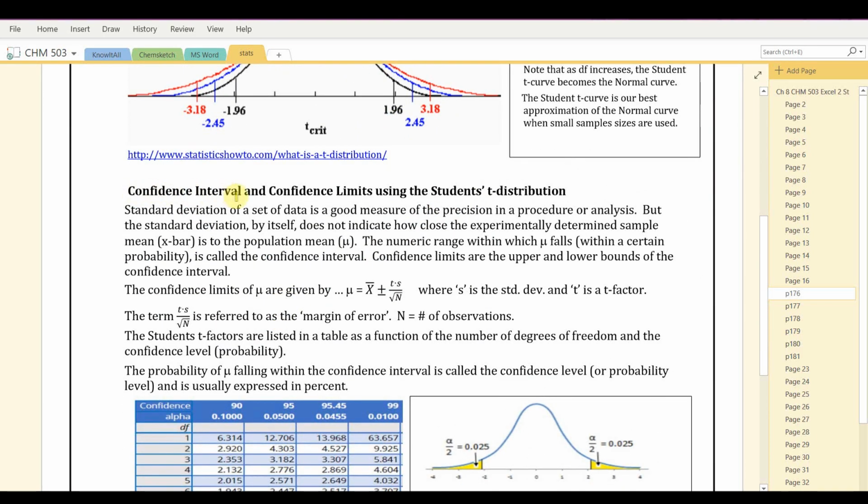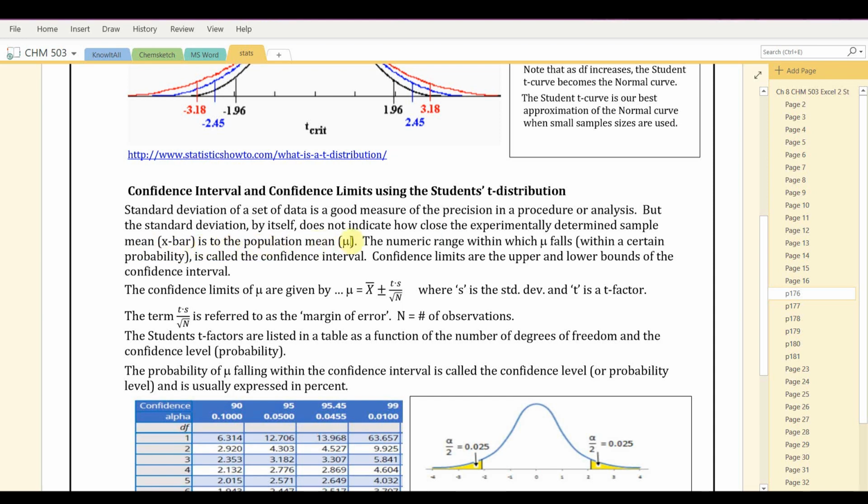So, confidence interval and confidence limits. We get confidence interval and confidence limits using the student's t-distribution. The standard deviation of a set of data is a good measure of the precision in a procedure or analysis, but by itself it does not indicate how close the experimentally determined sample mean, x bar, is to the population mean.